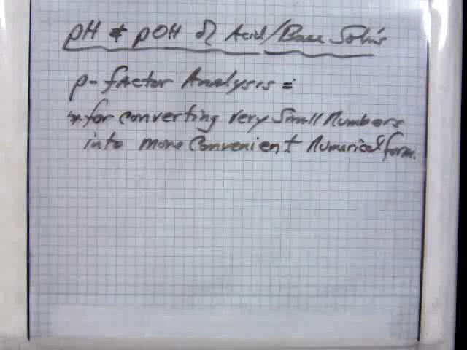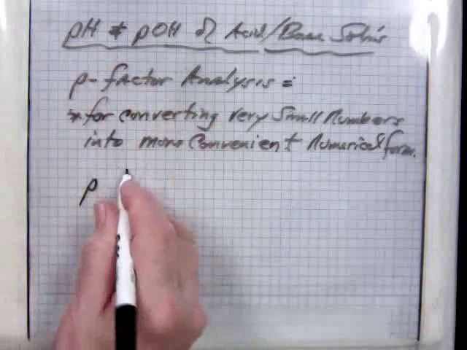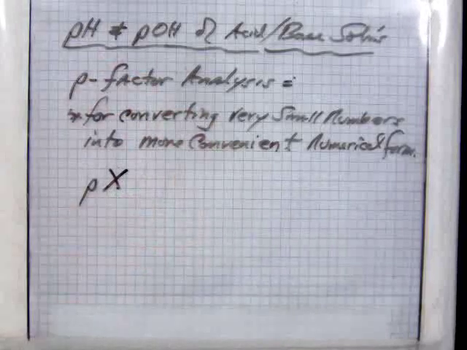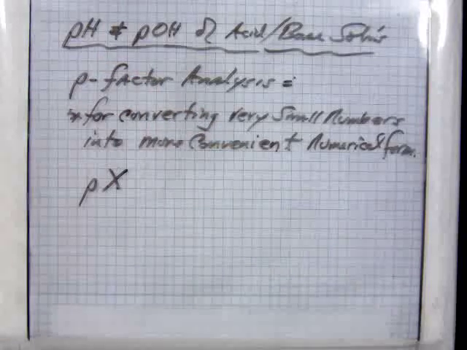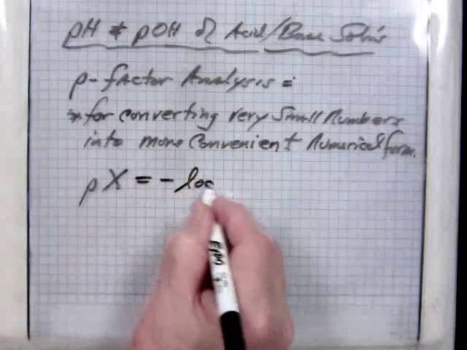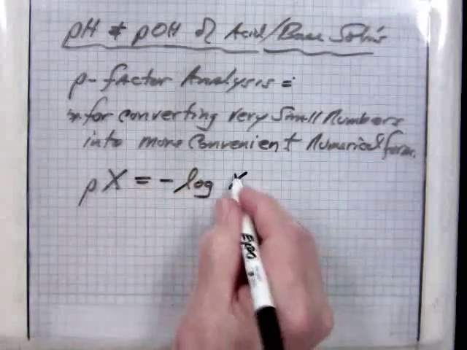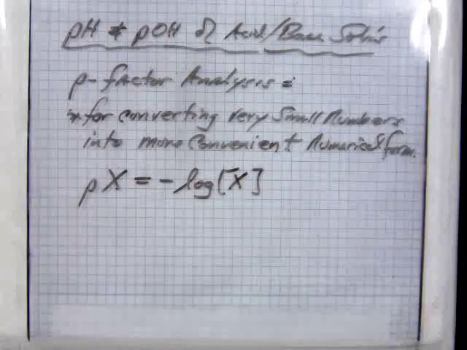Well, the formula for pH and pOH and P whatever is a simple one, and we call this P factor, say Px, where the X is the X factor. And X can be the hydroxide or the hydronium or whatever you're working with. And it turns out simply to be a minus log, common log, of whatever the molar concentration of that X factor or number is.